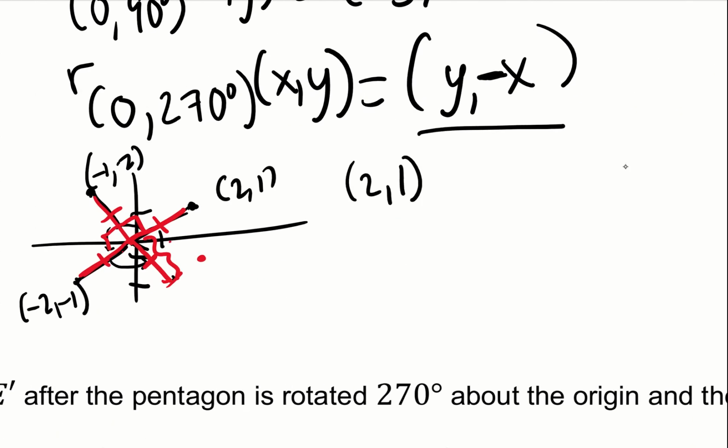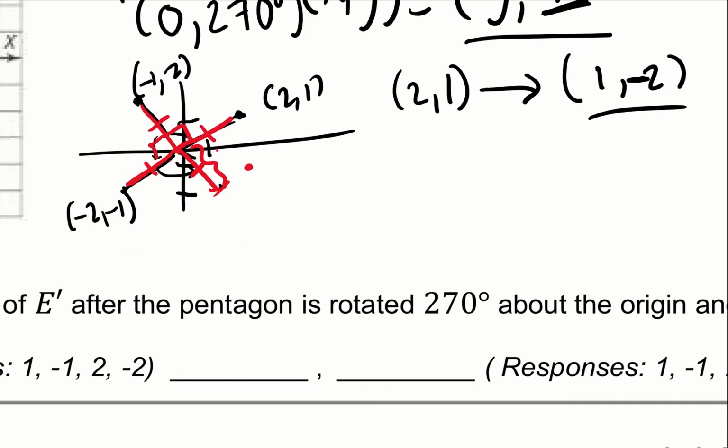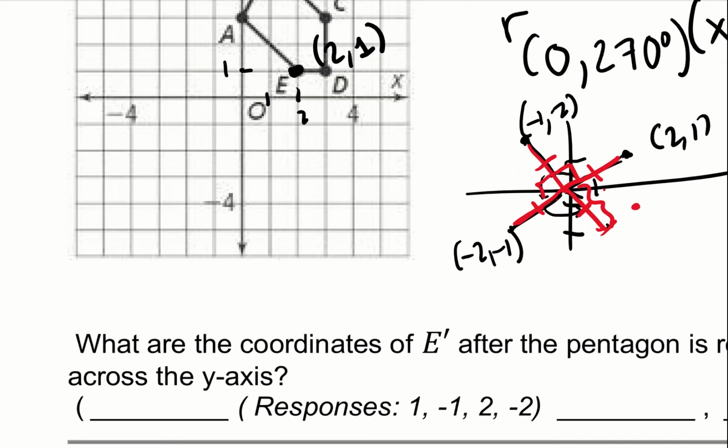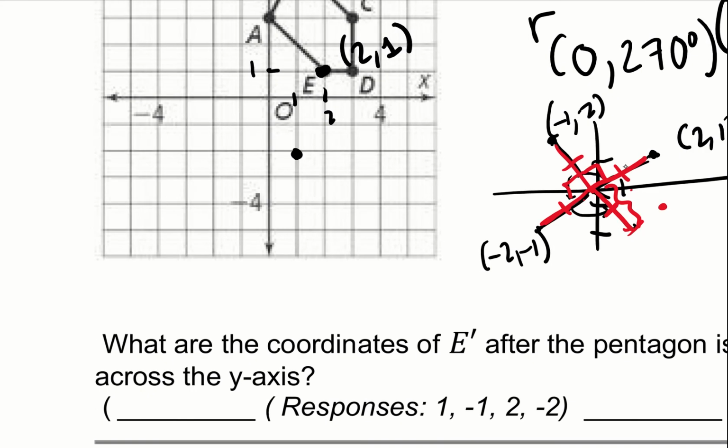So 2, 1 transforms, using a 270 rule, you switch x and y, just like we did in this rule, and then the second coordinate becomes the opposite. So you're just going to put a negative there. So that's my coordinate, 1, -2. That's where we're at for a rotation. We'll call this double prime.